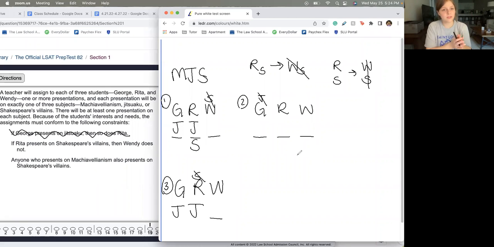Now we're going to do the same thing that we did to world 1 to world 2. We're going to think about the rule and how it relates to what we have on diagram 2. So looking at diagram 2, what are my two options with R presenting on S?